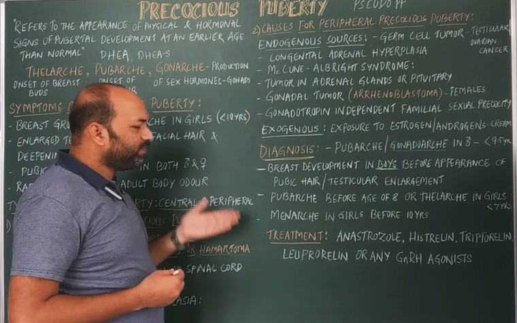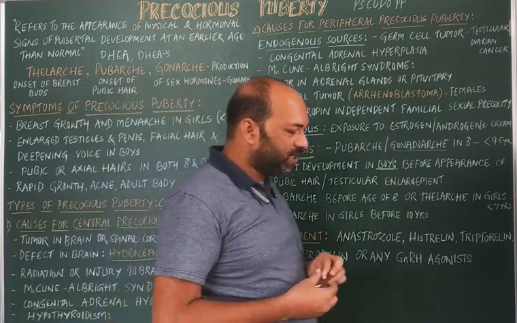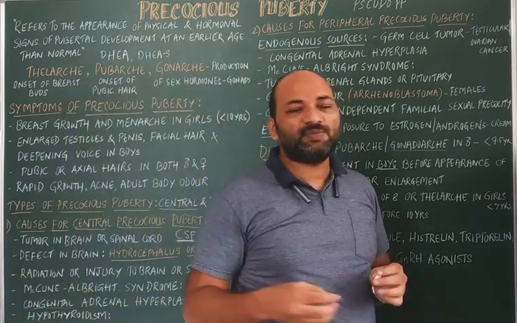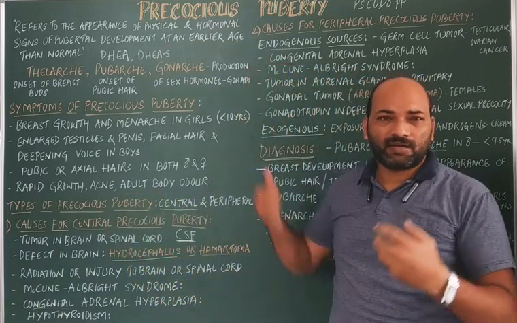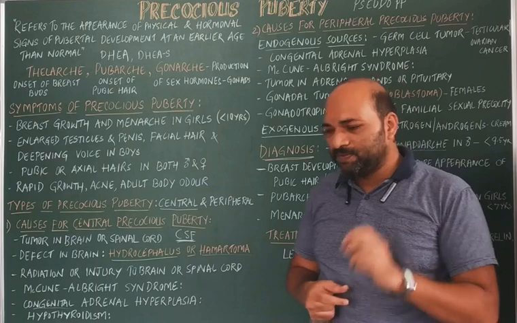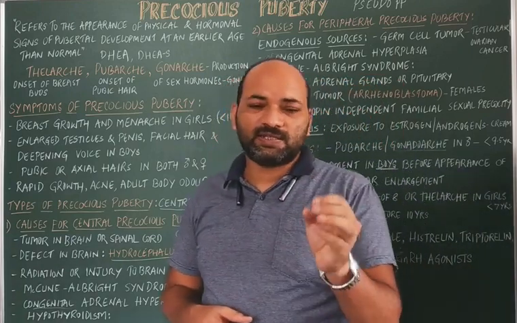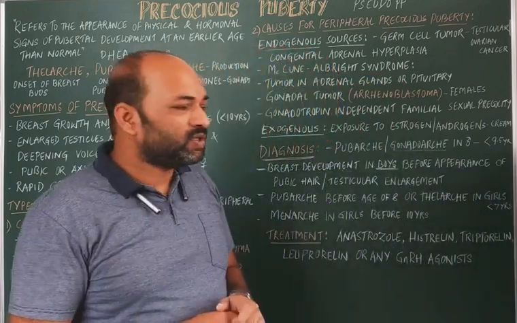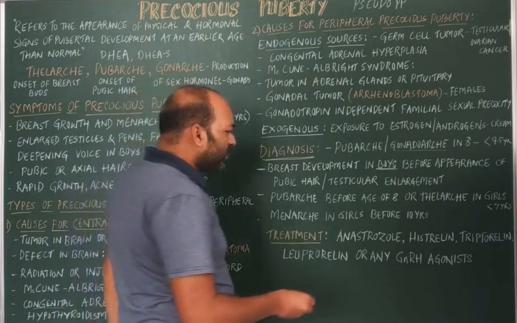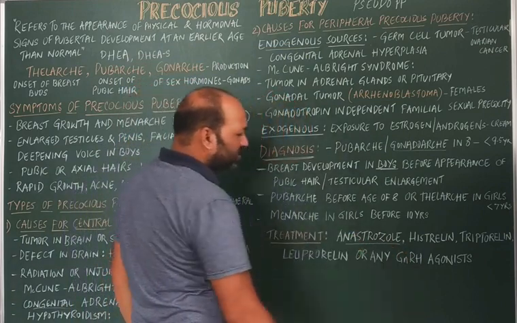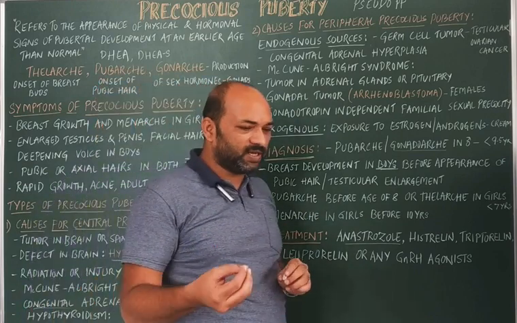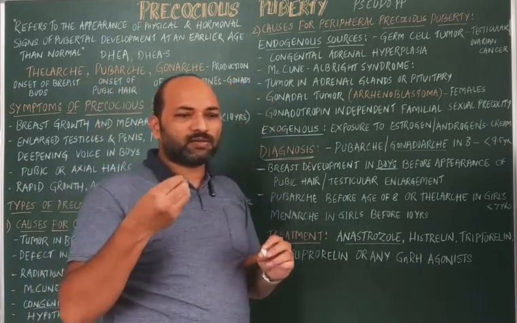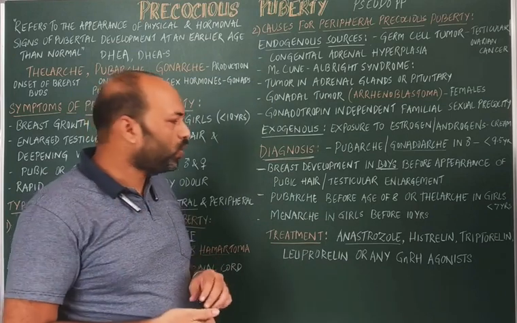And if the diagnosis is made, is there any treatment for this condition, precocious puberty? Yes, definitely there is a treatment. It is given with the help of various drugs like anastrozole, which is basically a chemical or a pill taken orally.